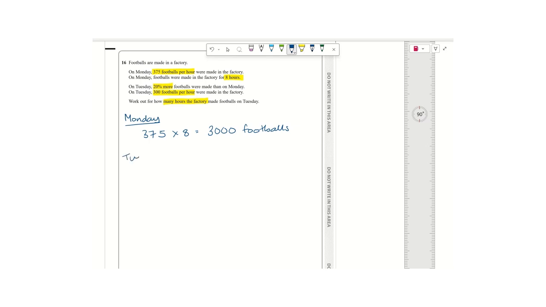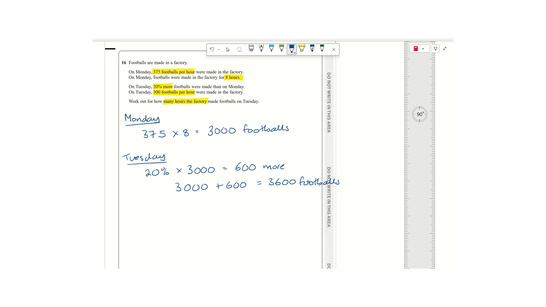On Tuesday, it tells us that there were 20% more. So if I find 20% of my 3,000, I get 600. So it's 600 more. So altogether, that's 3,000 plus 600 is 3,600 footballs.